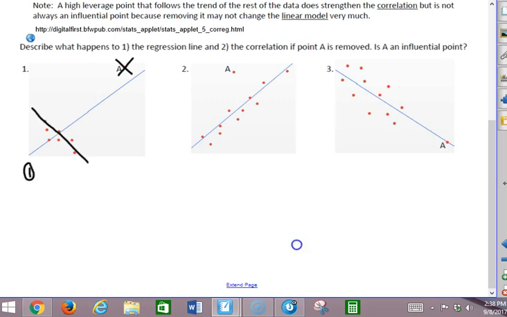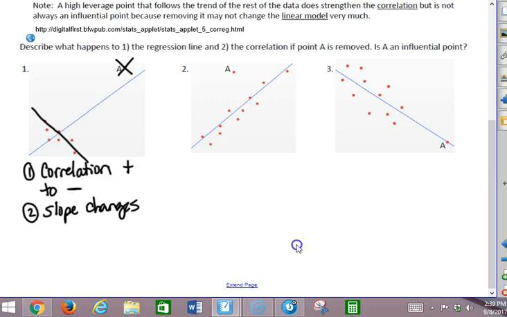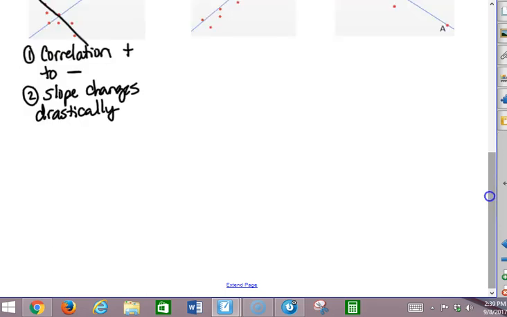So in number 1, the correlation goes from positive to negative. The slope changes drastically, so the equation of the line changes drastically. So A is an influential point.